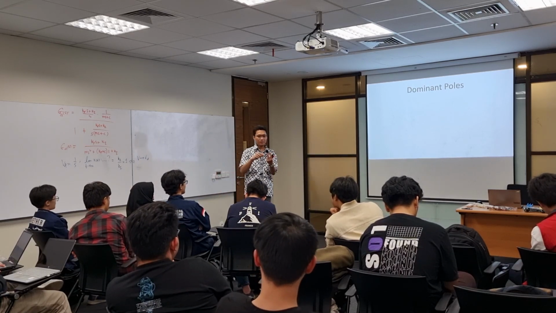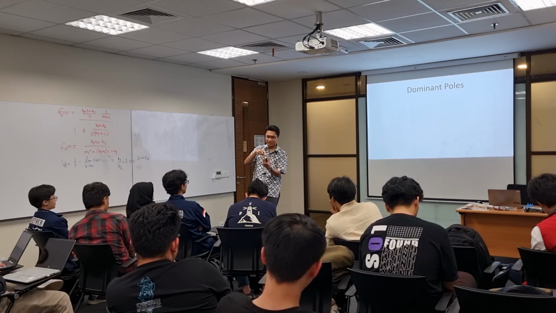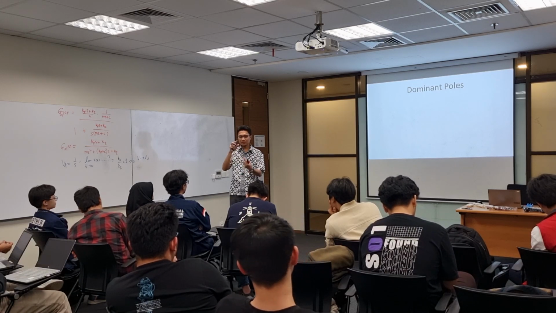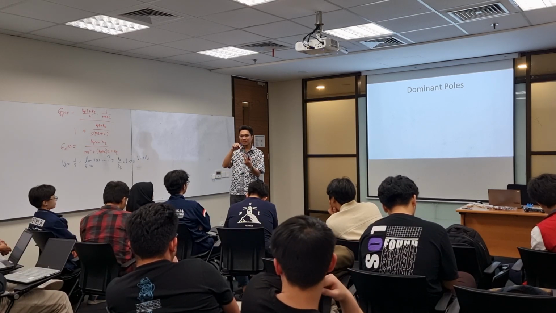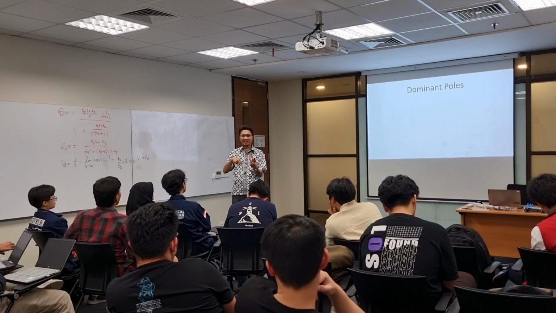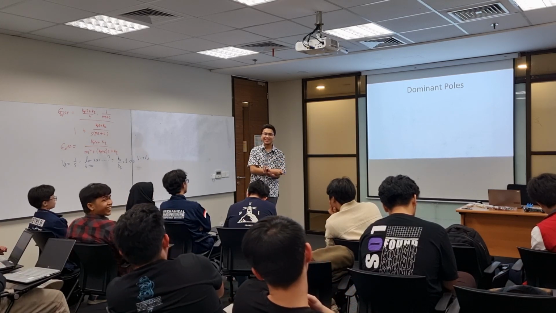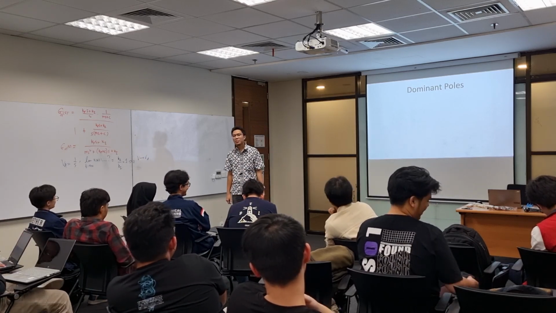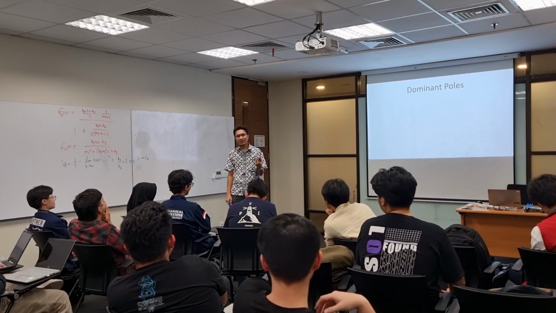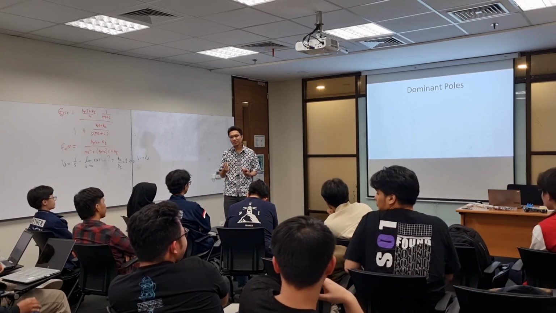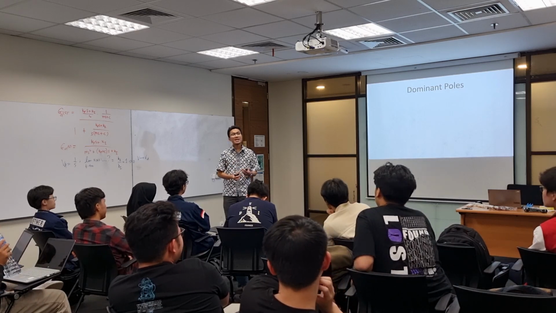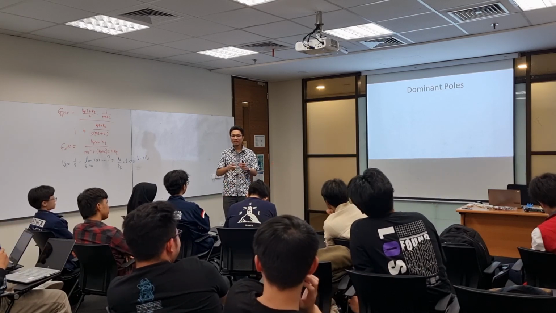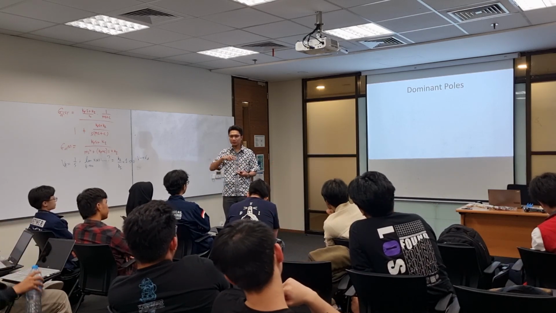If you see two people working together or eating together in some place, one of them could be dominant, dominating the other one. So what do you think dominant means here? Yes, the leading. The dominant pole is going to affect the transient response of the system.